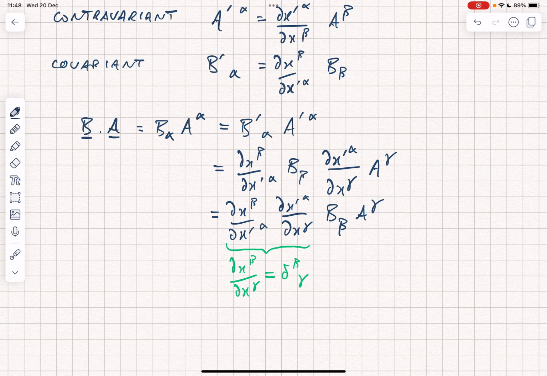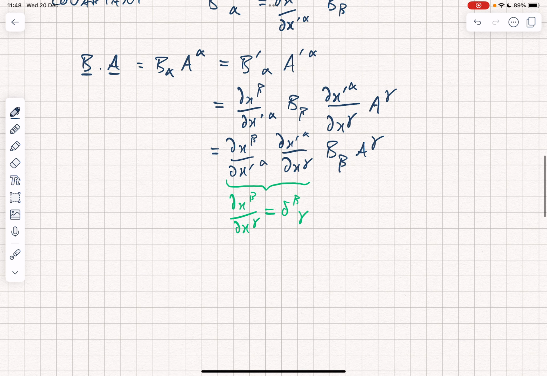So it's a delta function because it's only one if beta and gamma are the same. Therefore, we can now write delta superscript beta subscript gamma b subscript beta a superscript gamma is equal to, and let's just sum over gamma, then what we have is b subscript beta a superscript beta, which is of course exactly what we wanted.